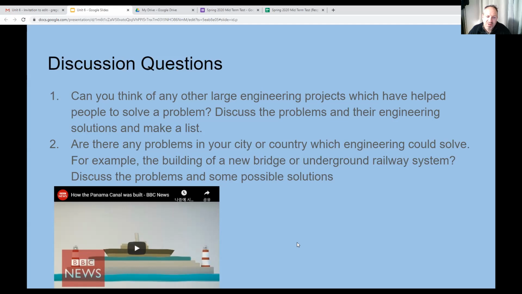For example, the building of a new bridge or underground railway system. Discuss the problems and some possible solutions. So take a minute, have a think. What are some large Korean engineering projects, or some problems which could be solved by engineering? You can stop the video and make a list.